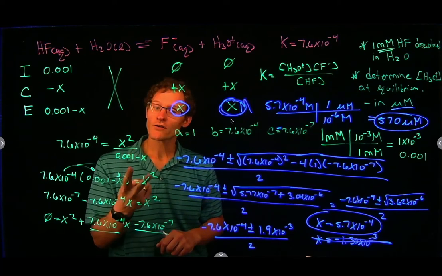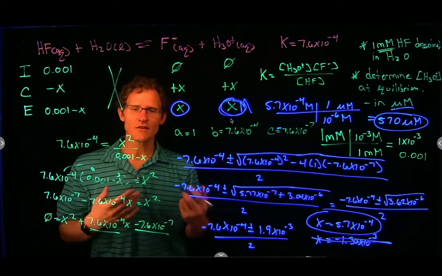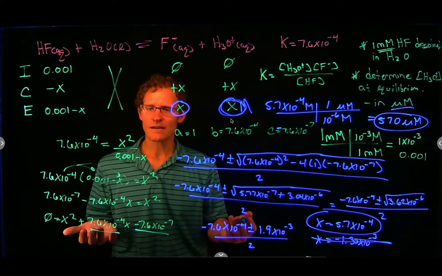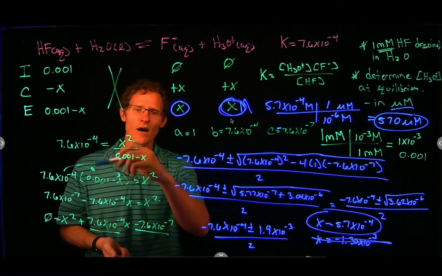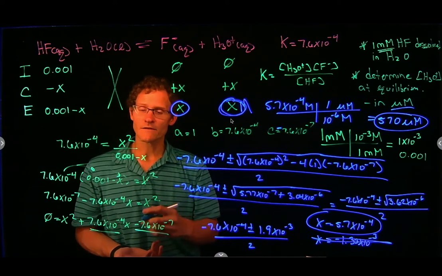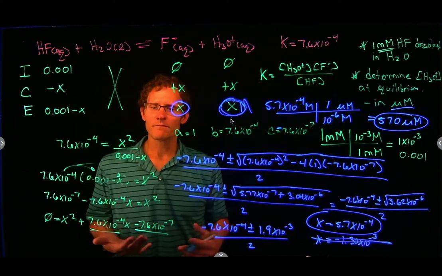If you are told a total pressure and you have gases in your reaction, then you can solve for x. Or if you don't know either of those two things, but you do know the equilibrium constant, you can use the quadratic equation and solve for x. All of these are viable strategies. Some are just a little bit more belabored than others.